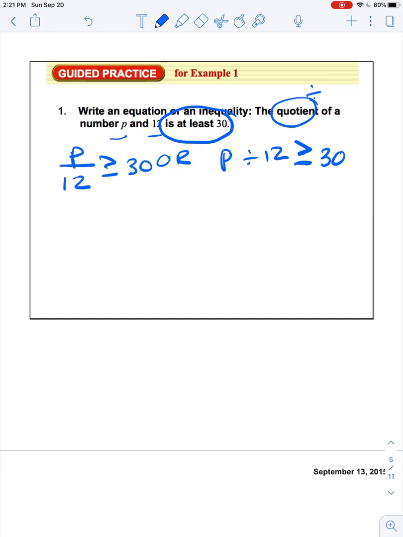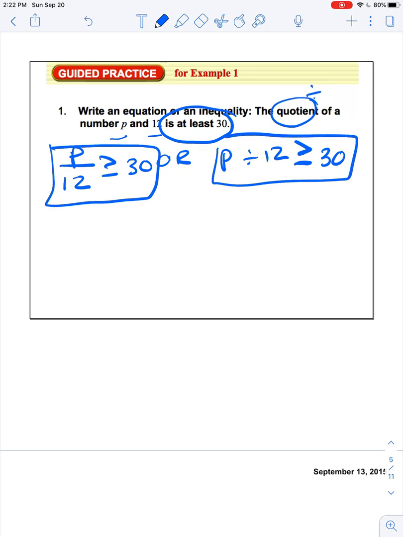Because that's the same thing. It says the quotient of a number p and 12. And so whether you write it as a fraction or you write it as a statement like this. And this just says to write an inequality. I'm not looking to solve it. So I either can write this and be done or that.